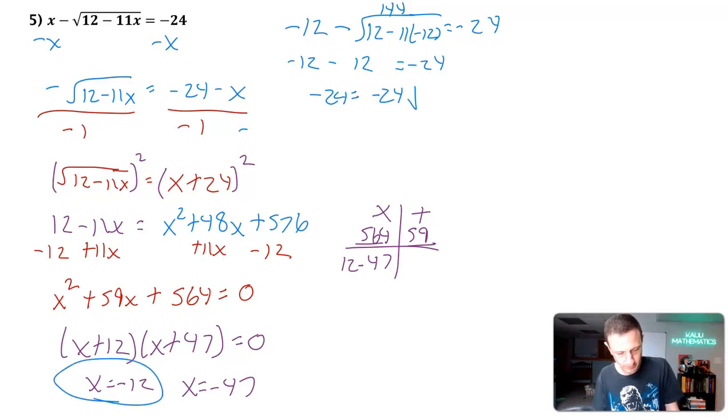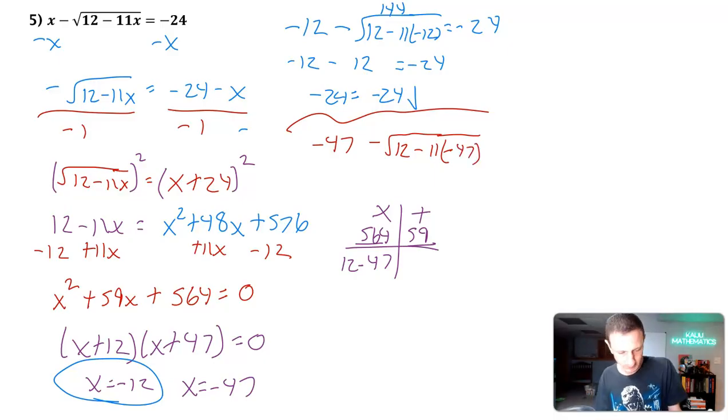Let's check negative 47 now. So this is going to be negative 47 minus the square root of 12 minus 11 times negative 47 equals negative 24. My gut's telling me this is not going to work.